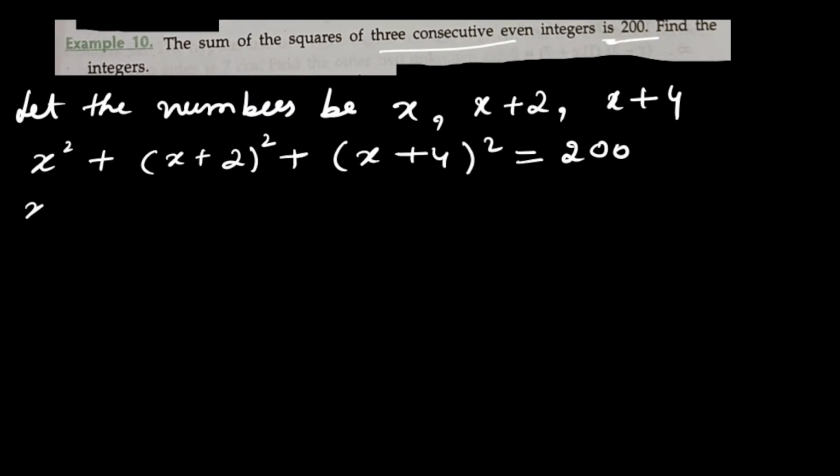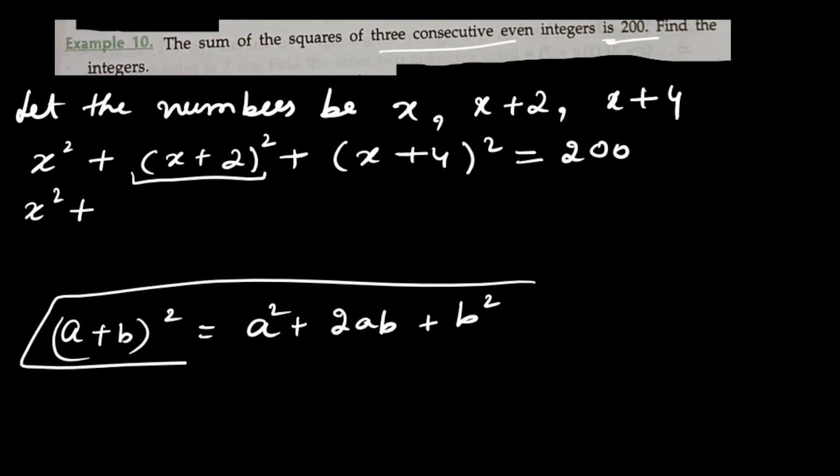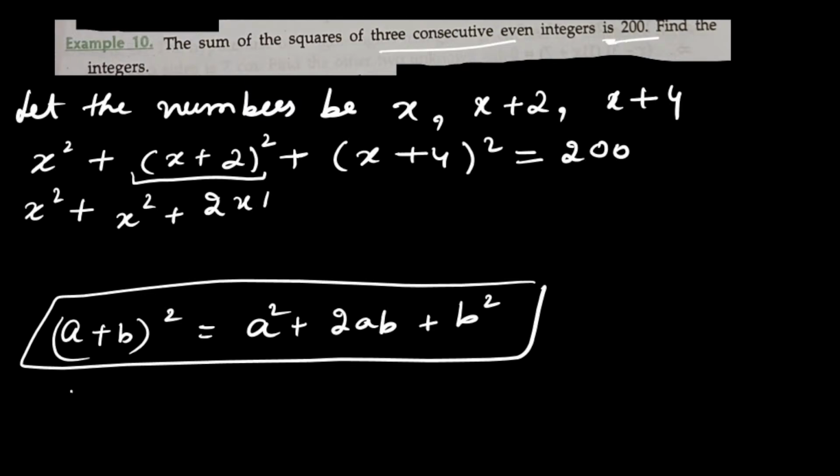Here x square as it is. Now I have to apply the formula of a plus b whole square, which we know: a square plus 2ab plus b square. We always write the formula like this. So here a is x, so x square plus 2 into x into 2 plus b square, meaning 2 square.